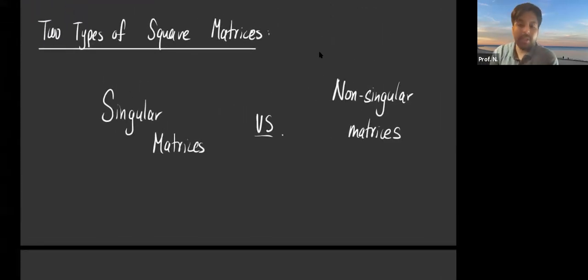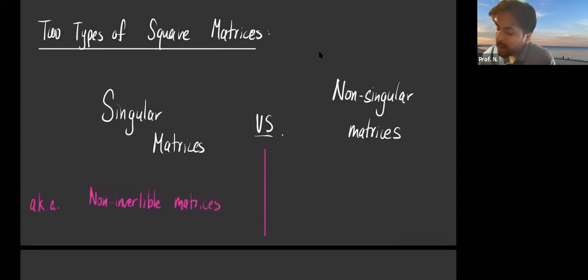So we have singular matrices versus non-singular matrices. What does that mean? AKA, there's another way to write this. We have what are called non-invertible matrices versus invertible.